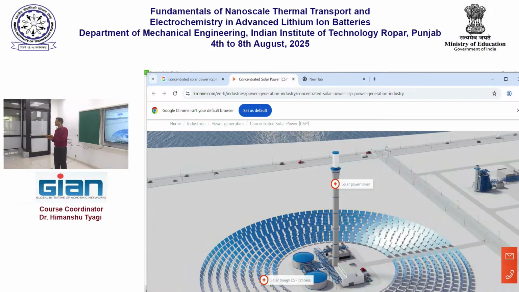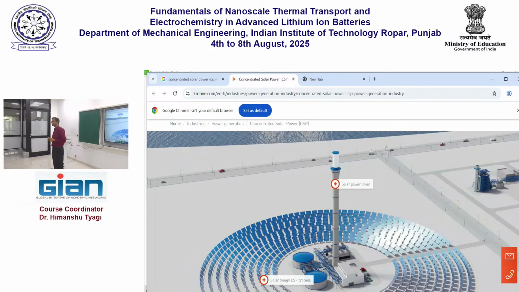Sometimes it is windy and the wind turbines will rotate and produce a lot of electricity, and sometimes it's not windy. What do I do when it is not windy? Becomes a problem, right? So it turns out that the challenge of energy storage is very closely linked with renewable energy. We cannot possibly have a renewable energy based infrastructure unless we are able to solve the problem of energy storage.